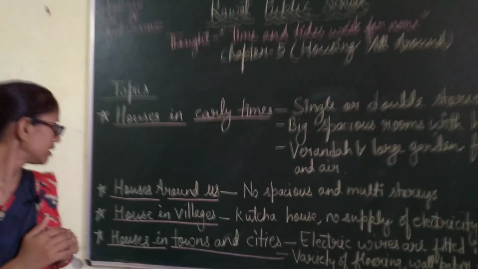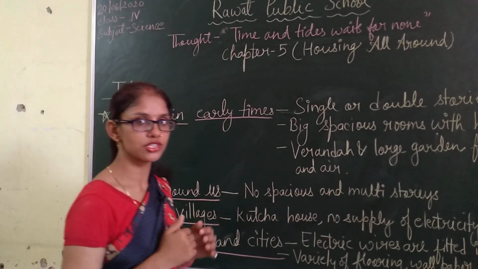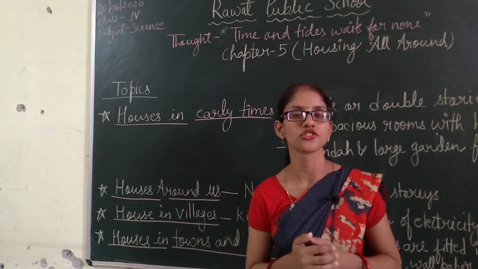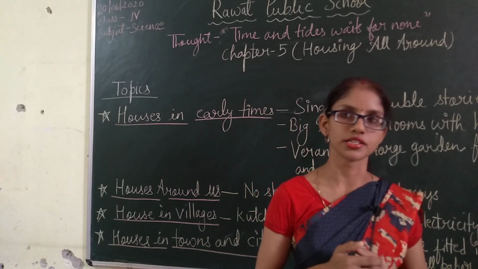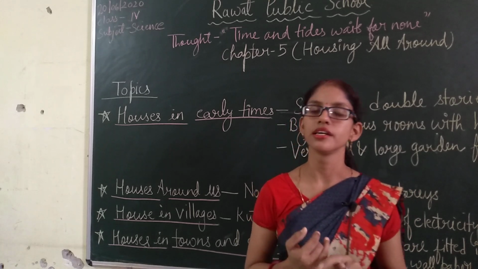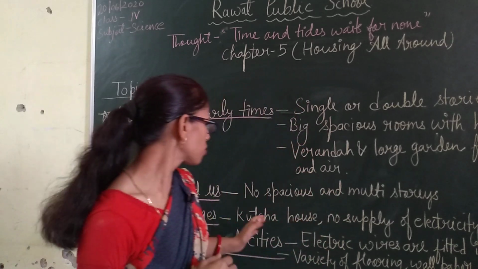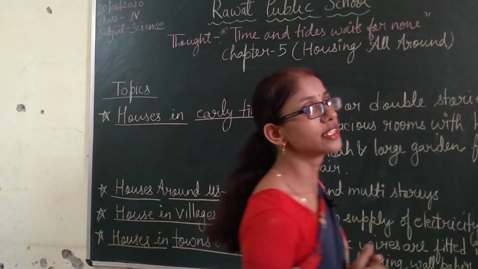Next, the third topic is houses in villages. If you see the houses in villages, they are mostly kacha houses, for example a hut. It is made of mud, straw and sticks, and has no supply of electricity and water.